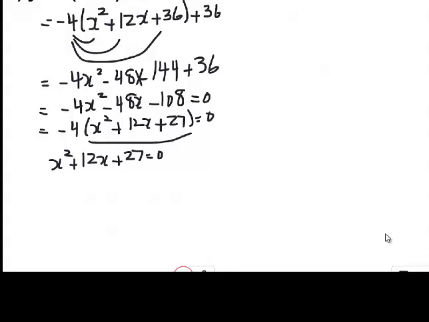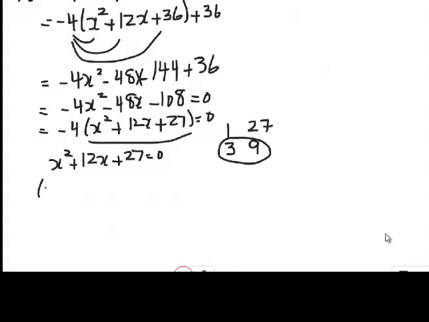There is no common factor, and the leading coefficient is 1, so I can use sum and product. Two numbers that the product is 27 are 1 and 27, 3 and 9. Now the product has to be 27 and the sum has to be 12, so the pair is 3 and 9.